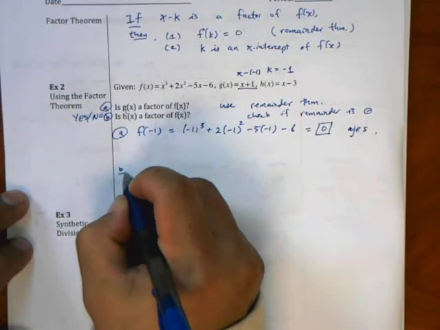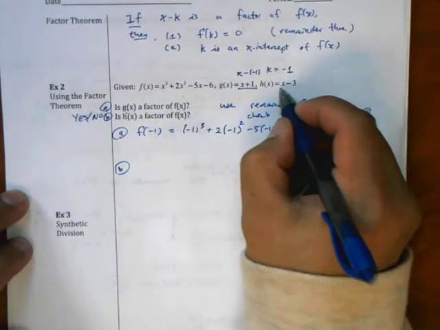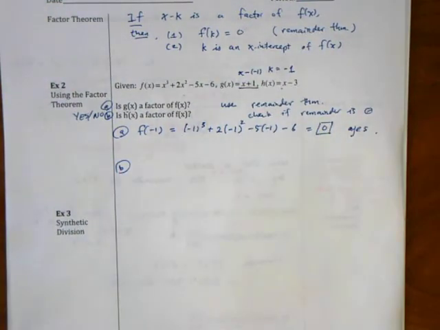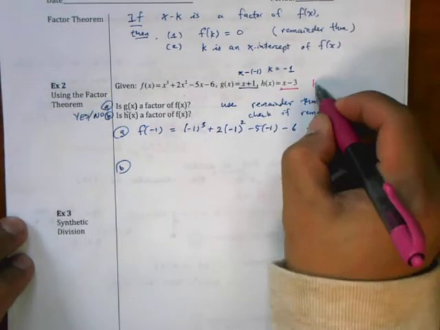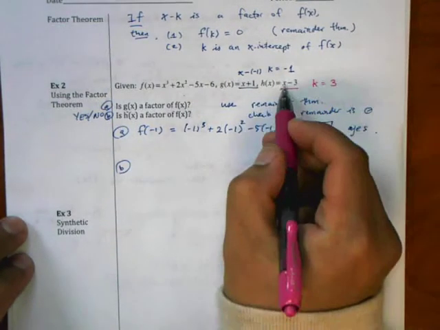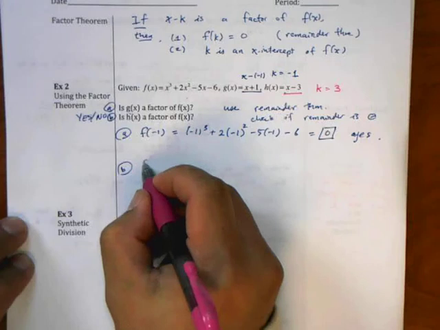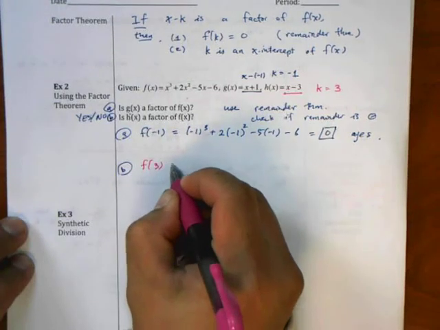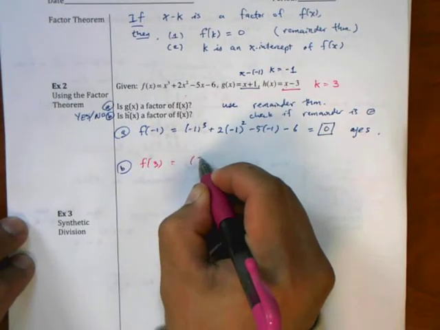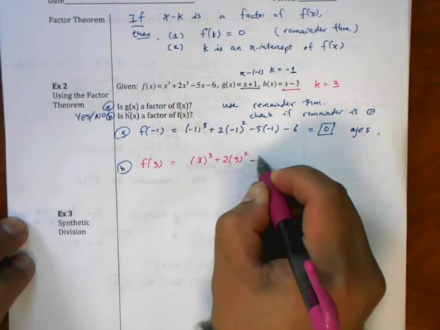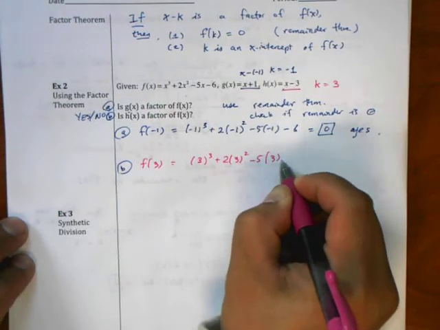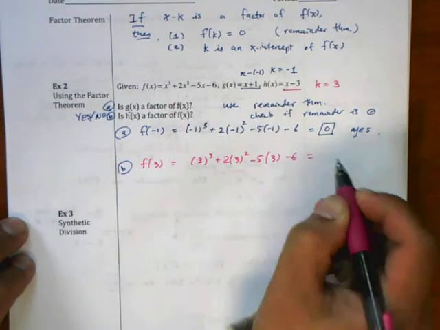For part B, let me use a different color here so we don't get everything all mixed up. In this expression, x minus k, k is equal to 3, so we're going to do f of 3. This is 3 to the third plus 2 times 3 squared minus 5 times 3 minus 6.